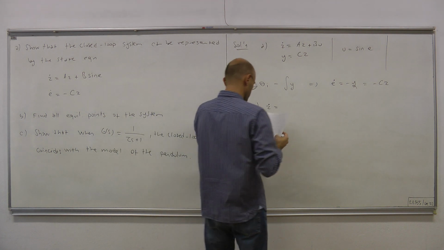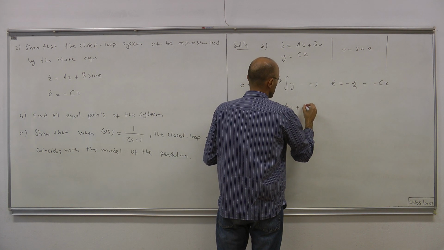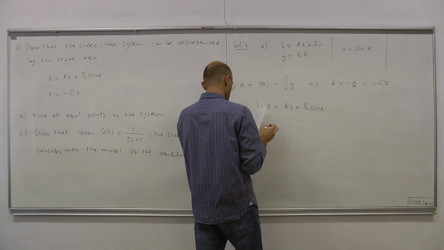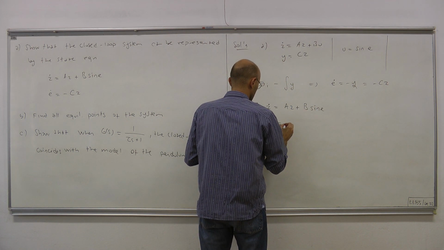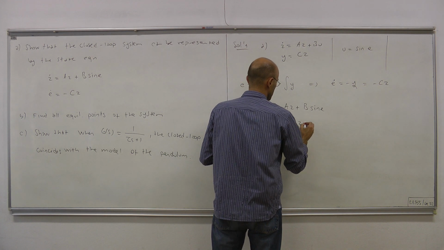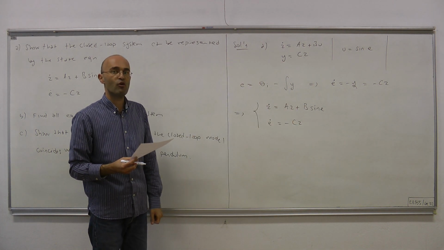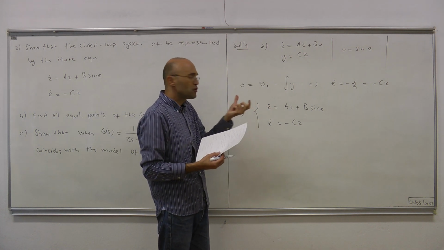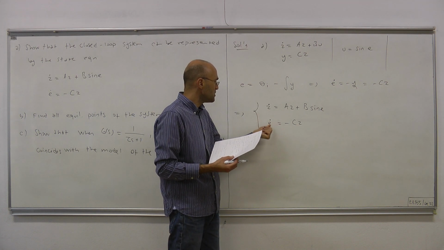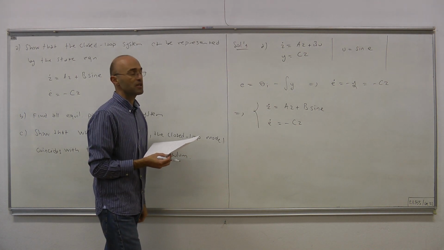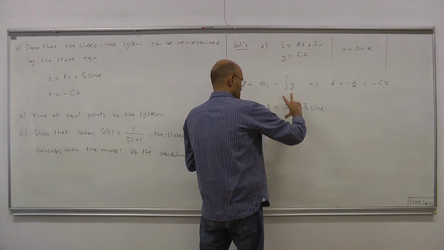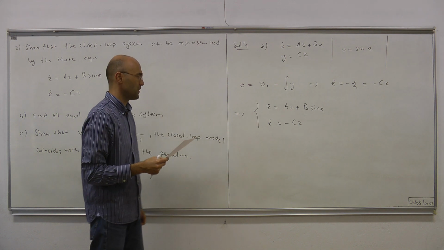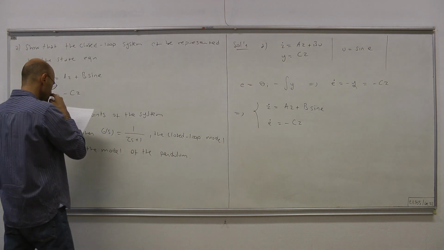Z dot equals Az plus B sine e, and E dot equals minus Cz. Now this is in the form of x dot equals f of x, where x is the overall state which we obtain by combining z and e, stacking them into a single vector, and then these two things put into a single vector make our f of x in that case. Okay, so that completes part A.